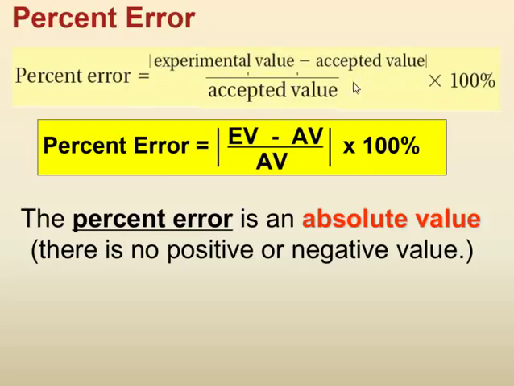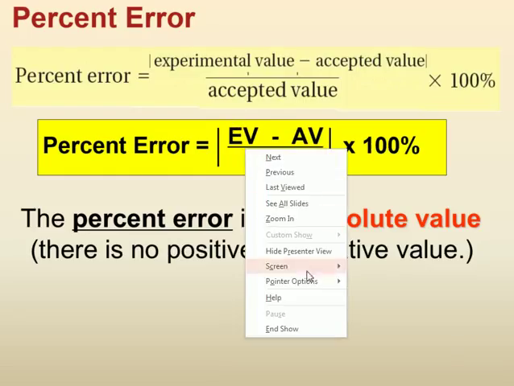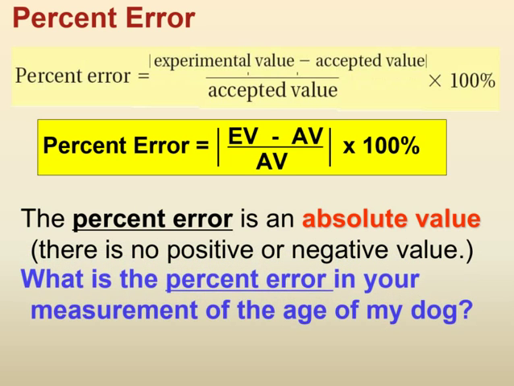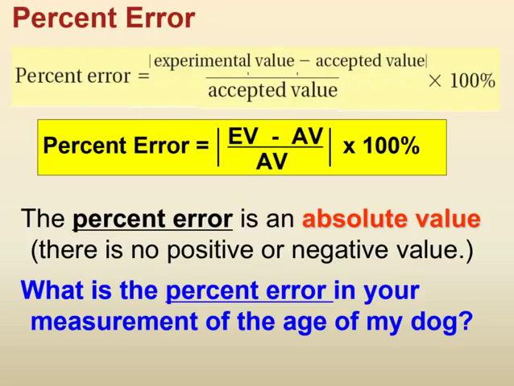That's what these bars on the side of the experimental value minus accepted value over accepted value are. These are the absolute value notation. We're going to multiply by 100% so it can be reported as a percentage. So what is the percent error in your measurement of my dog?